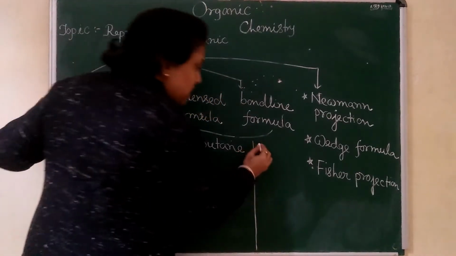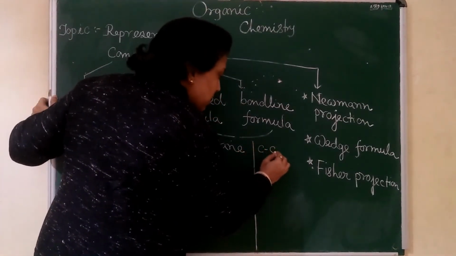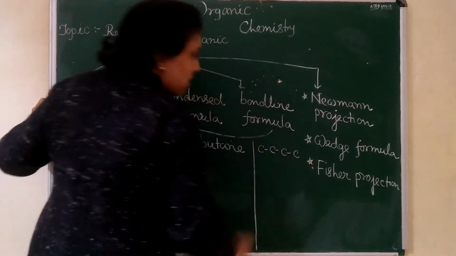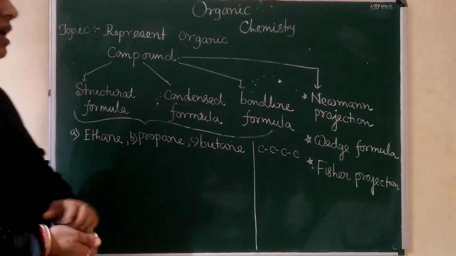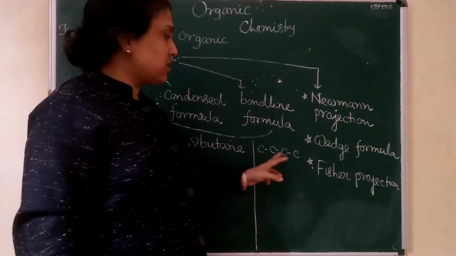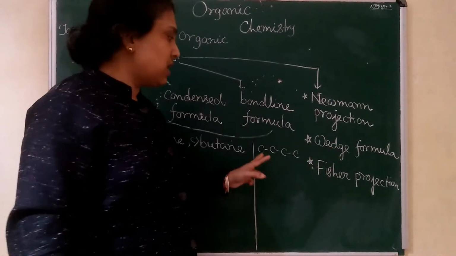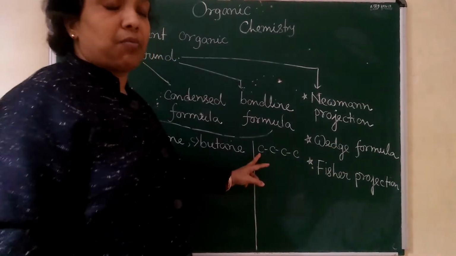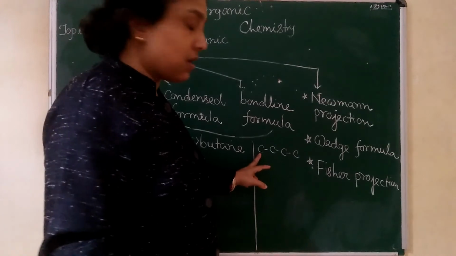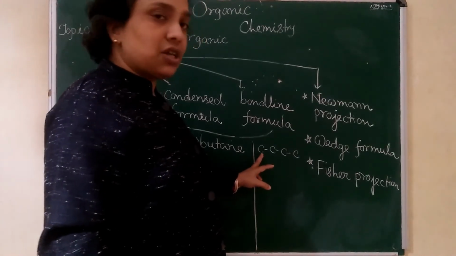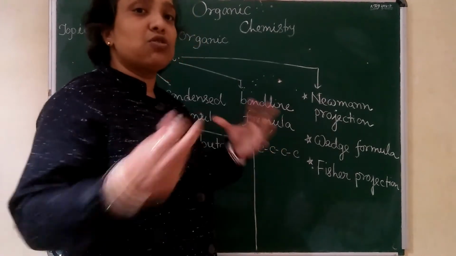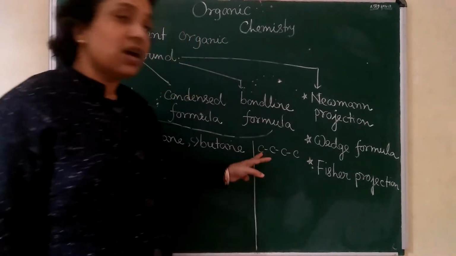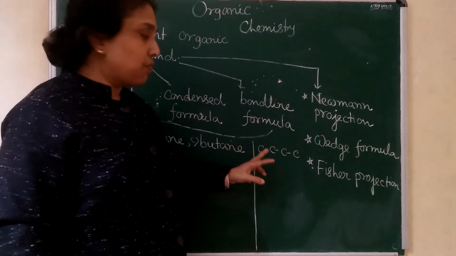This is called a carbon chain. And the property you have studied, that carbon has the tendency to form a long chain, is called catenation property. Due to catenation property, we see the huge family of carbon compounds.